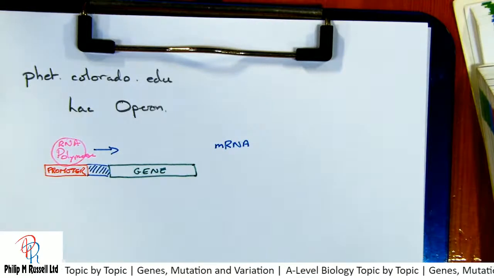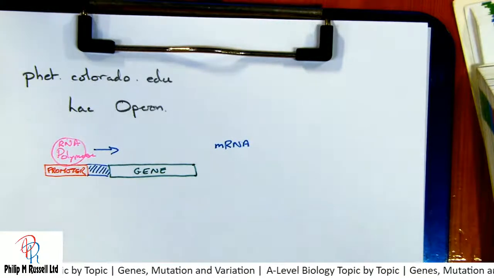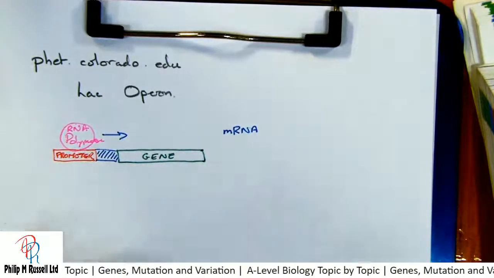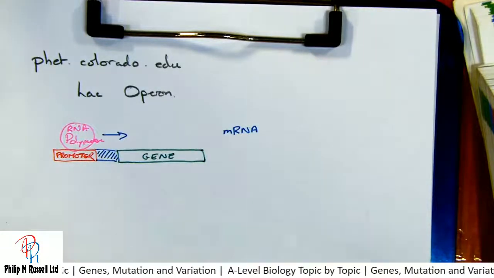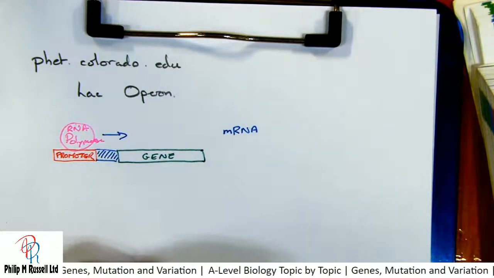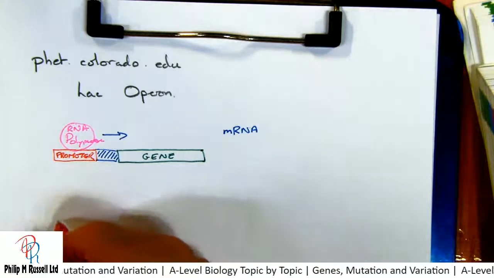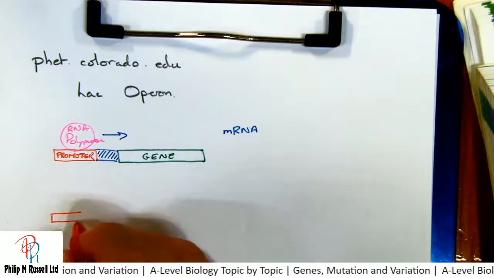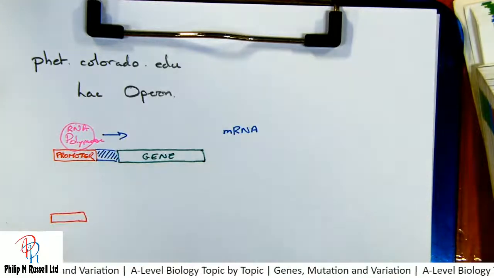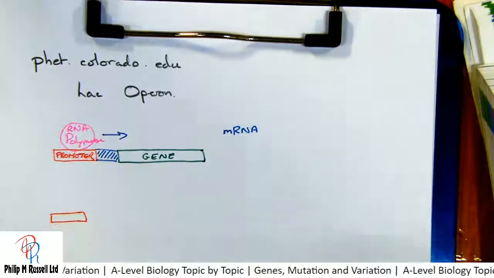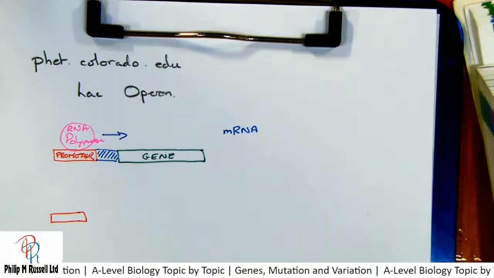But I do have an extra little piece of DNA here, and somewhere else, just a little bit further along, is another one of these little promoter sites, and it produces a different gene. We'll do it in a different colour.